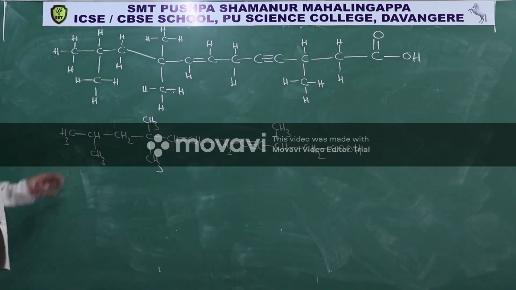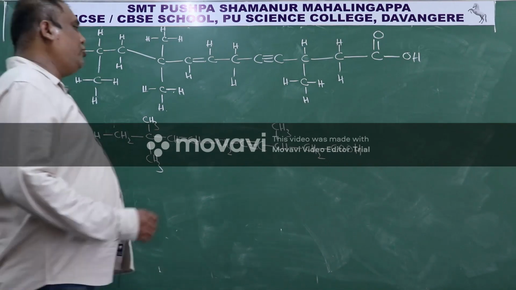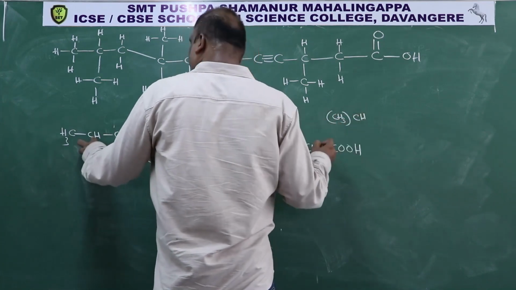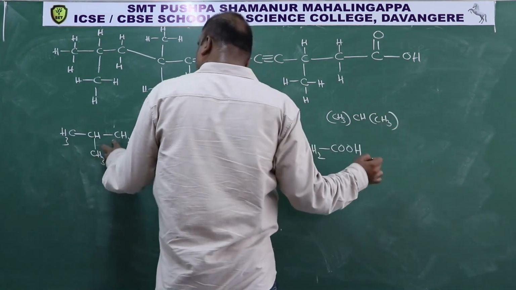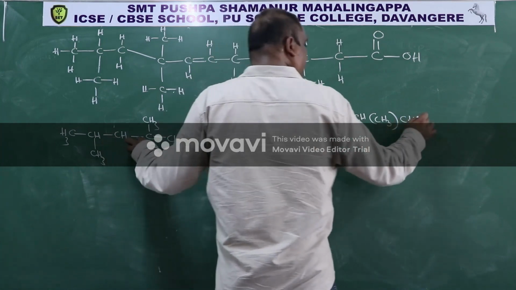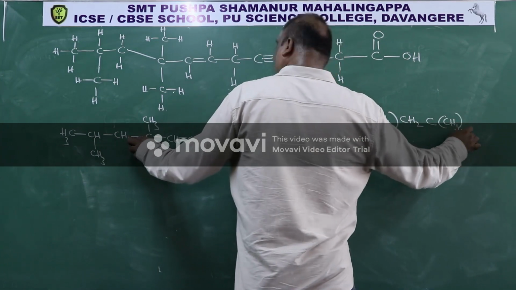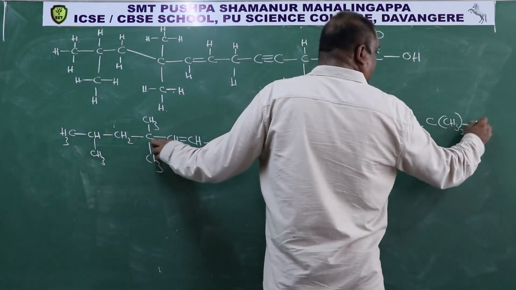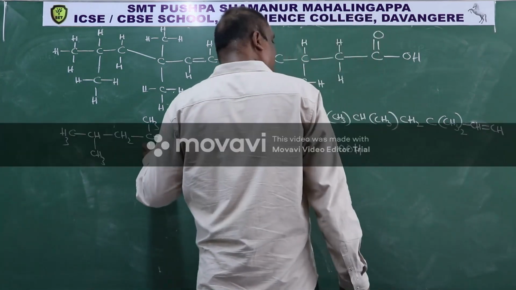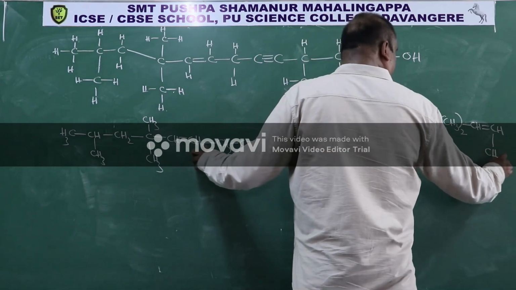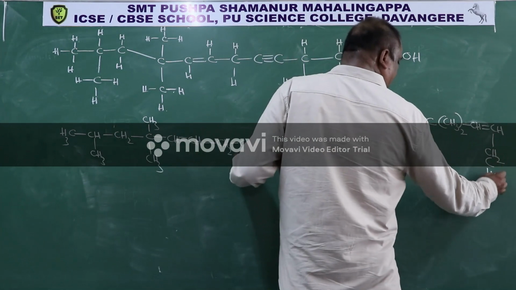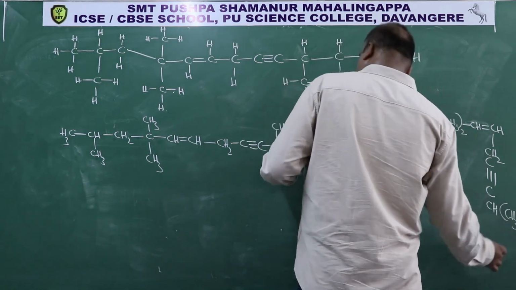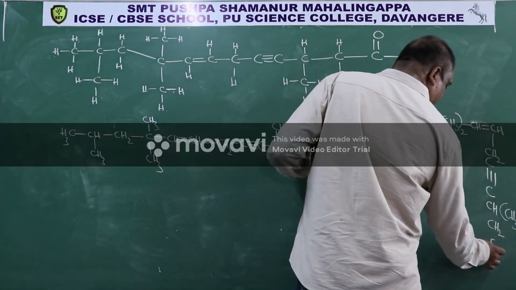Then more shortly, how you write this: CH3 in bracket, then CH, then the CH3 in bracket, then CH2, then C in bracket, CH3 taken twice, then CH, CH double bond CH, then CH2, then C triple bond C, then CH, then in bracket CH3, then CH2, then COOH.